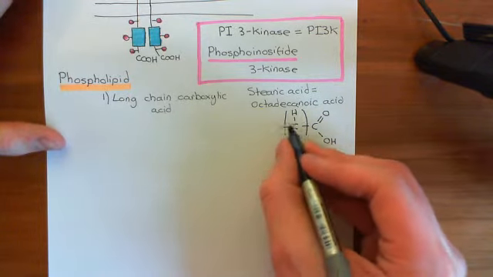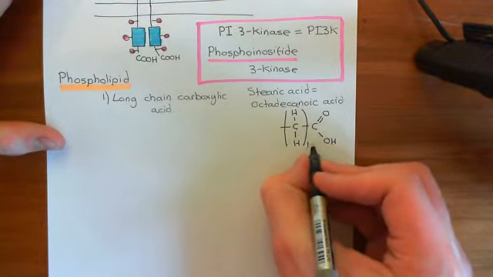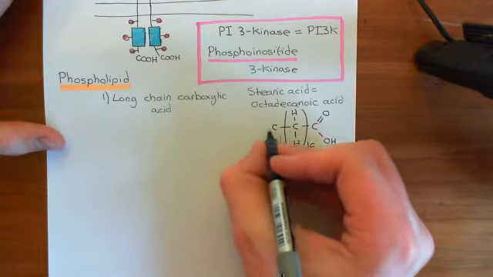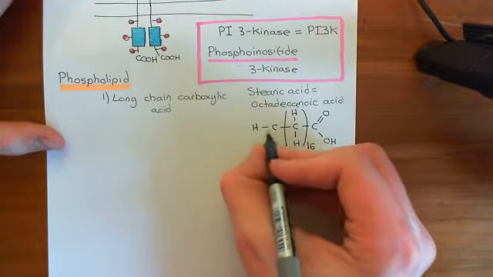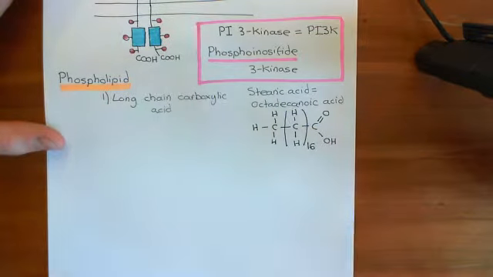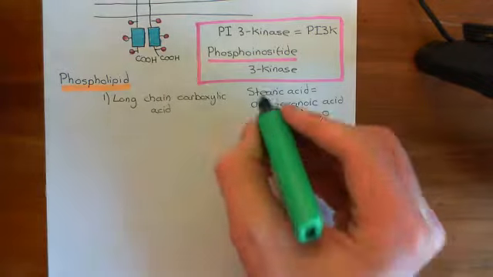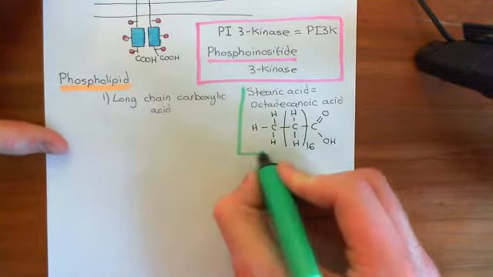Once again I'll put brackets around this single methylene group that I've drawn, and then subscript 16, and that means copy that methylene group out 16 times. And then right on the end you'll have a methyl group. So that is the structure of stearic acid, or octadecanoic acid.